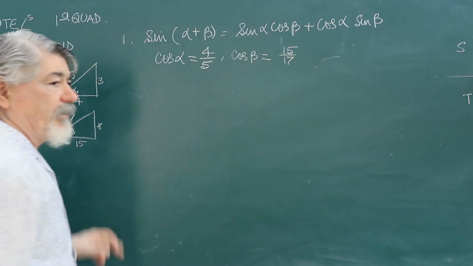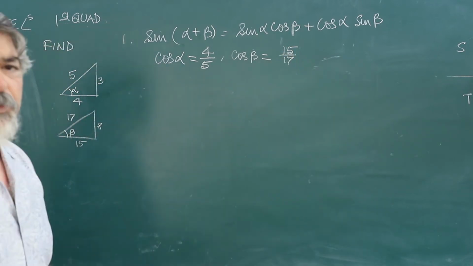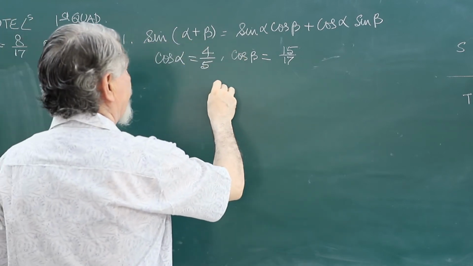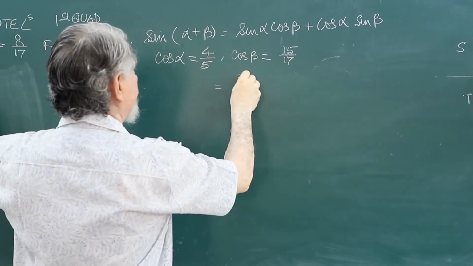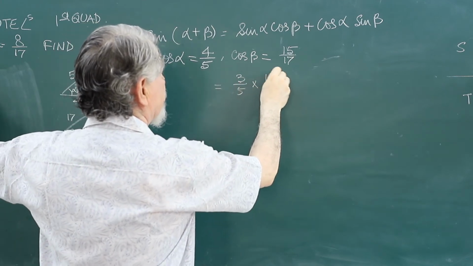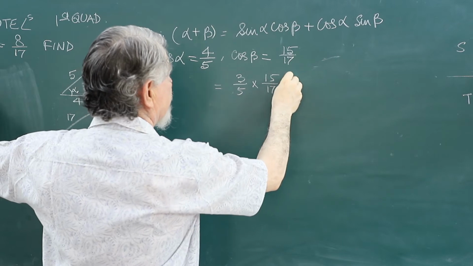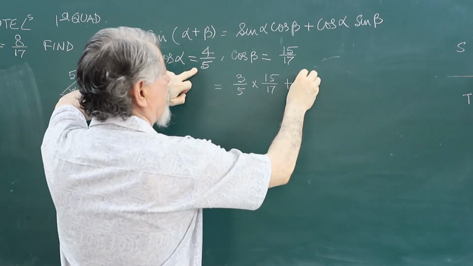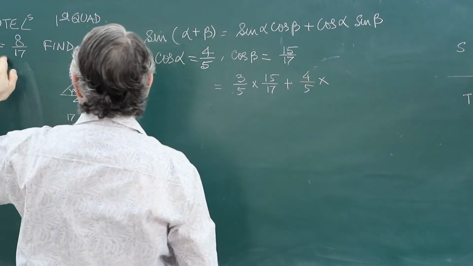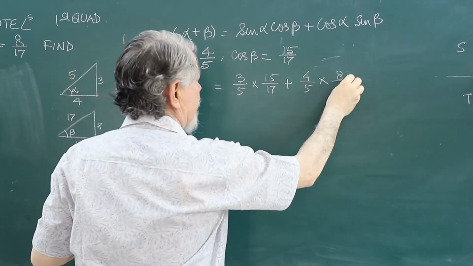Once we've got these values, we can simply substitute them in the expression. Sine alpha is 3 upon 5, cos beta is 15 upon 17, plus cos alpha is 4 upon 5, and sine beta is 8 upon 17.